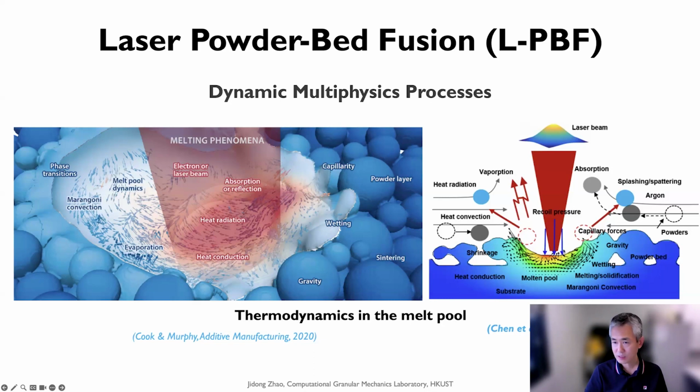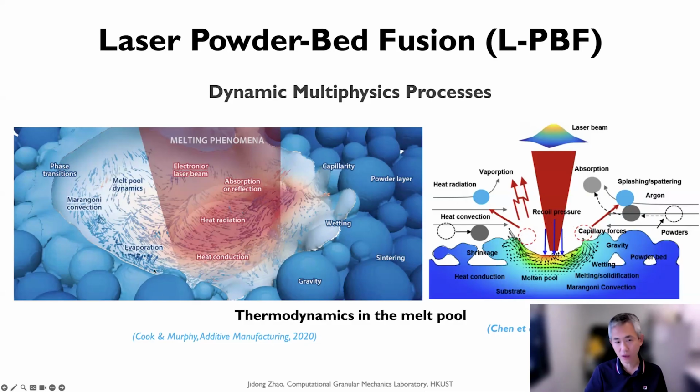In the process, a lot of physics play an important role. For example, we have recoil pressure, energy absorption, refraction, heat convection, and particle splashing and spattering here, and also heat radiation.